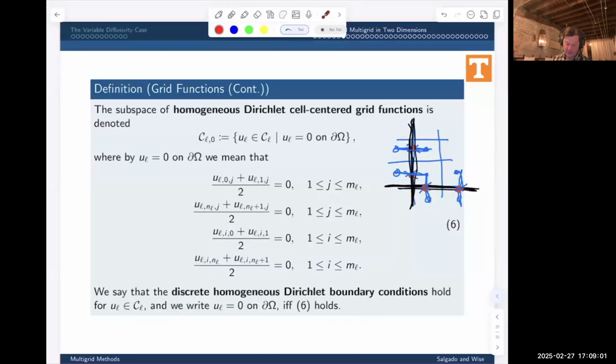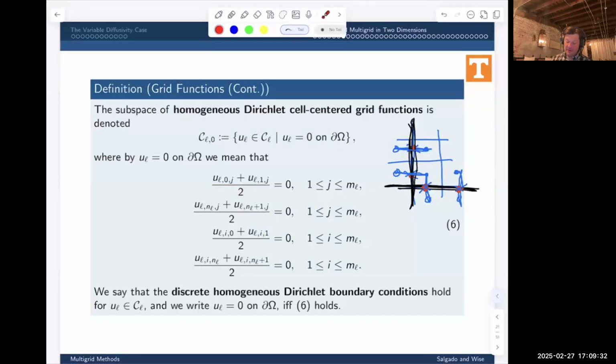Now I can just multiply both sides by that 2, and I can get rid of the 2, right? So the 2 is completely unnecessary. But I like to think about this as being the average is equal to 0. Once I get rid of the 2, I could then, let's say for this guy, move this one to the other side, right? And so I get U_L(0,J) is equal to minus U_L(1,J), right?